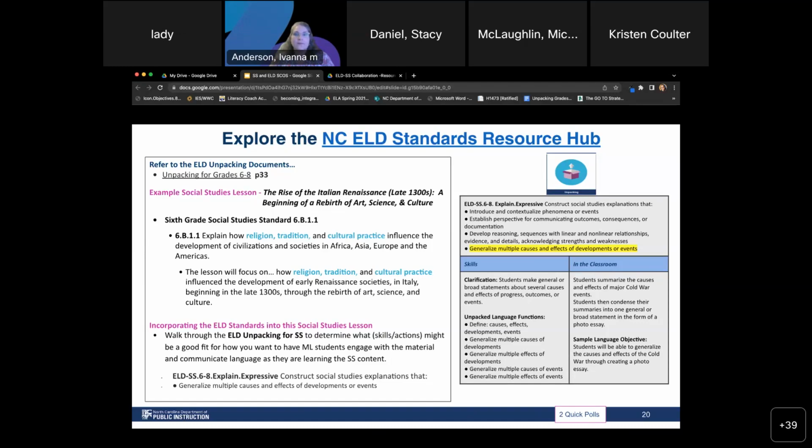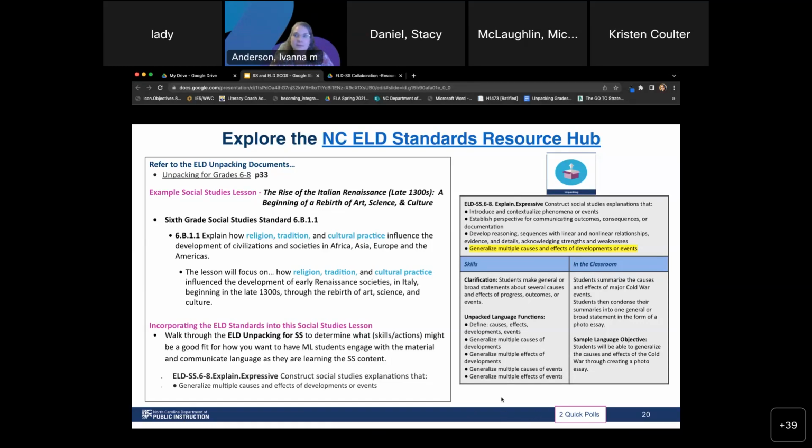And we're going to talk about cause and effect. So as you look at this example, you can see over here on the right-hand side, we did a screenshot from the ELD standard unpacking document. And this is where this teacher pulled from.